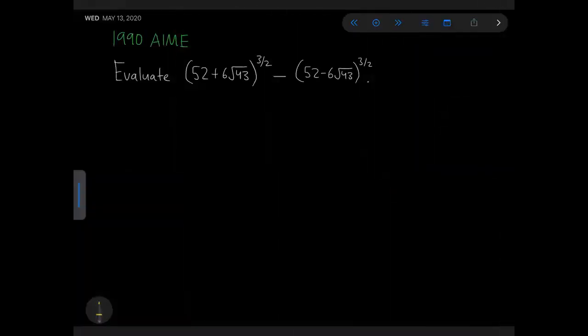I'll give you about a minute to think about how you can approach this problem. This is from the 1990 AIME.